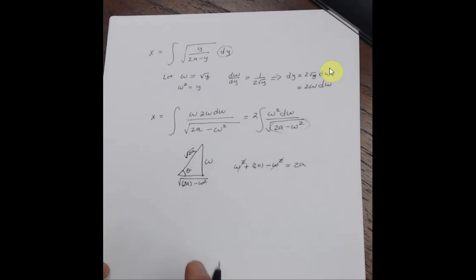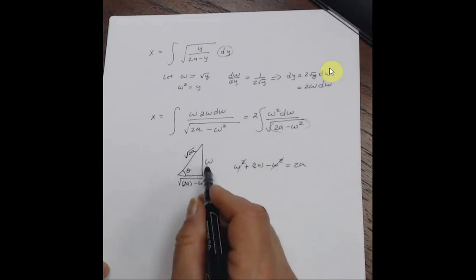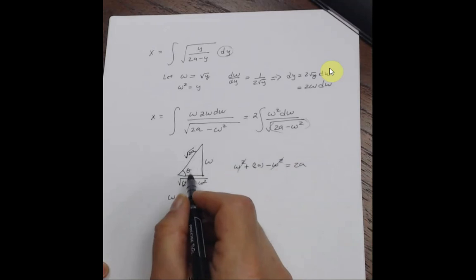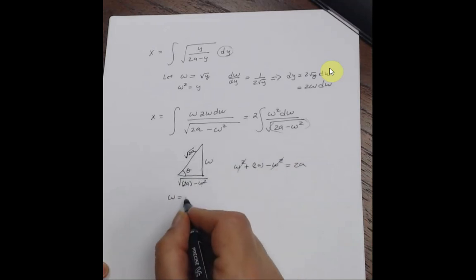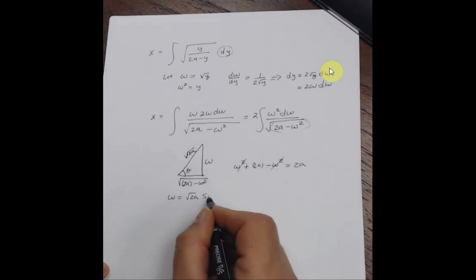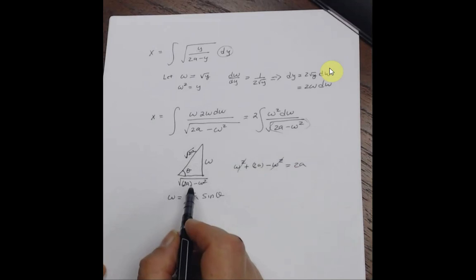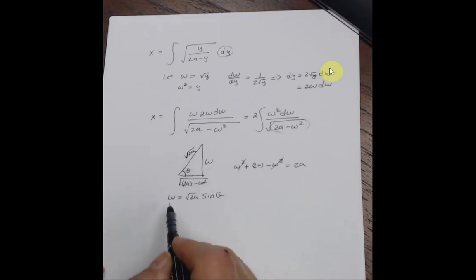Okay. So looking at that triangle, I want to convert things to trig functions. So w over this is the sine, so w is going to be the square root of 2a sine theta, and this side over that is going to be cosine.